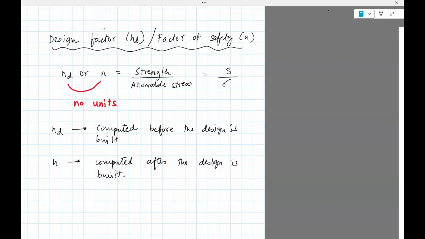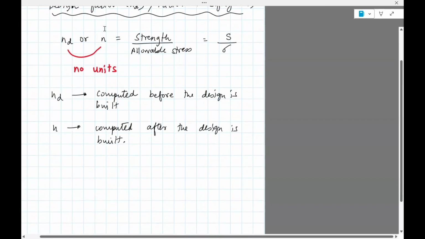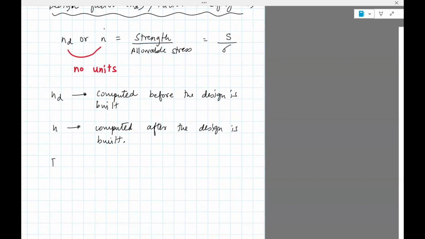So what does it really mean? Why would they have different values? The reason they would have different values for a particular part is because of what we've talked about before, standardization. Because of standardization, ND need not be equal to N.